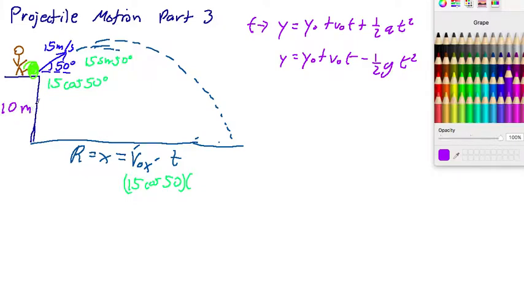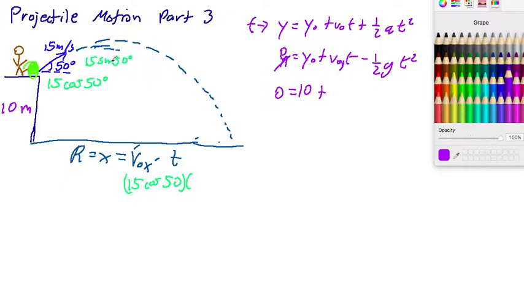meters. So now our final position, or height in this case, will be 0 because it's the ground. So this goes to 0. Our initial position is 10 meters. Again, I'm going to omit the units. 10 plus v naught over the y, well, that's 15 sine 50.